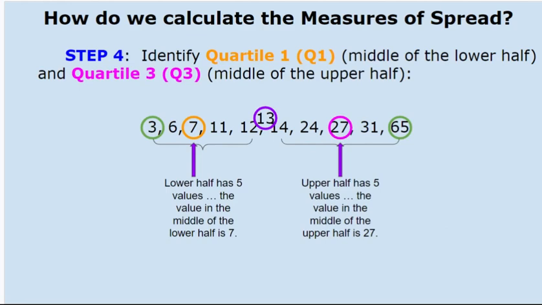Which value is in the middle of those 5 values? It's 7. The upper half also had 5 values, to the right of our median: 14, 24, 27, 31, and 65. Which value is in the middle of those 5? It's 27. So quartile 1 is 7, quartile 3 is 27.